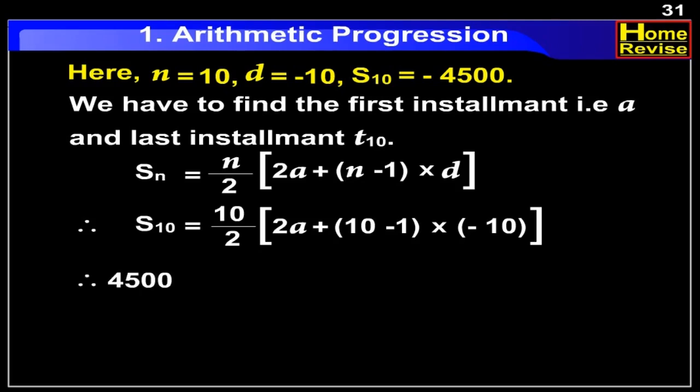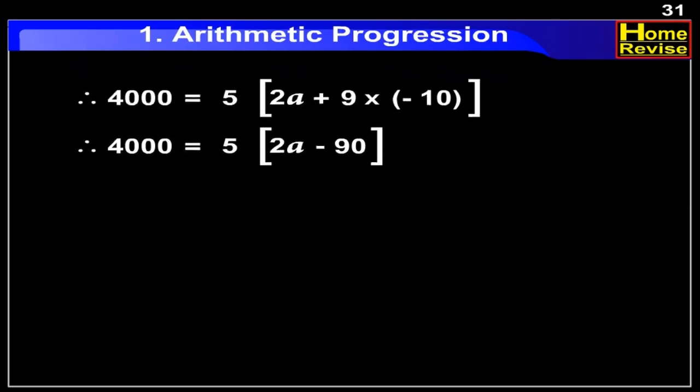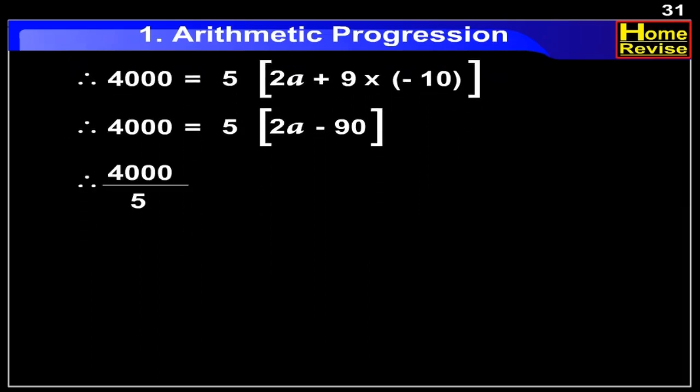Therefore, 4,500 is equal to 5 into (2a plus 9 into minus 10). Therefore, 4,500 is equal to 5 into (2a minus 90). 4,500 divided by 5 is equal to 2a minus 90.